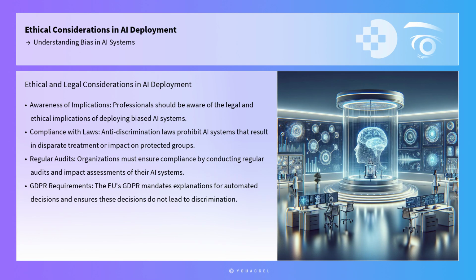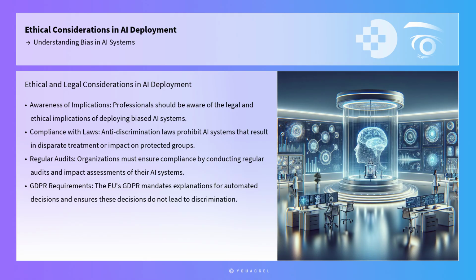Furthermore, professionals should be aware of the legal and ethical implications of deploying biased AI systems. In many jurisdictions, anti-discrimination laws prohibit the use of AI systems that result in disparate treatment or impact on protected groups. Therefore, organizations must ensure compliance with these regulations by conducting regular audits and impact assessments of their AI systems.